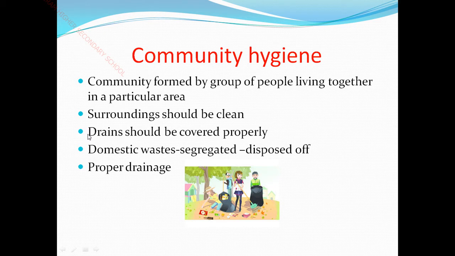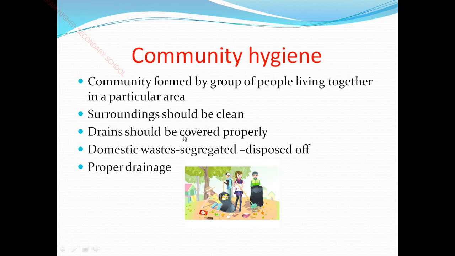That is called drains, and they should be covered properly, since uncovered drains contain much waste and are breeding places for mosquitoes. And you know very well, mosquitoes are carriers of different kinds of deadly diseases, and many microorganisms can also grow in the drain region where there is plenty of waste and water. So people are prone to getting different kinds of diseases.